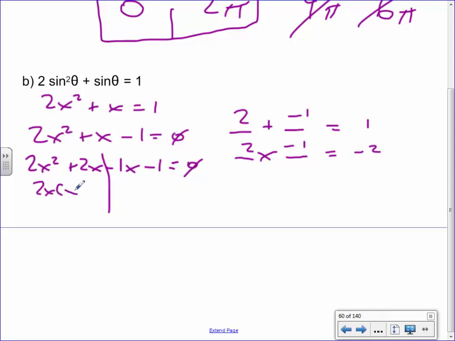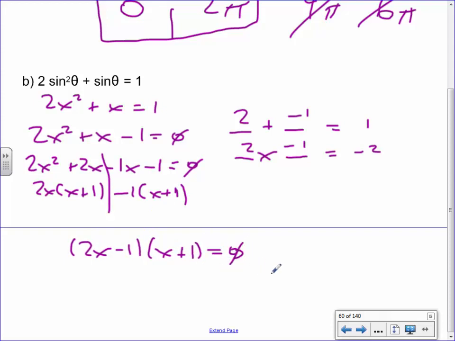Let me know if I lose you on the factoring part. Or I factored it. Can you guys handle the factoring bit? Okay, but here's the thing. It wasn't x. It was actually sine theta.